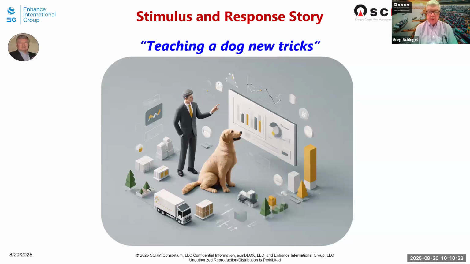We call it teaching a dog new tricks, a little levity early in the morning here. But we want to give you some insights about stimulus response. So let's take a look at the next slide.